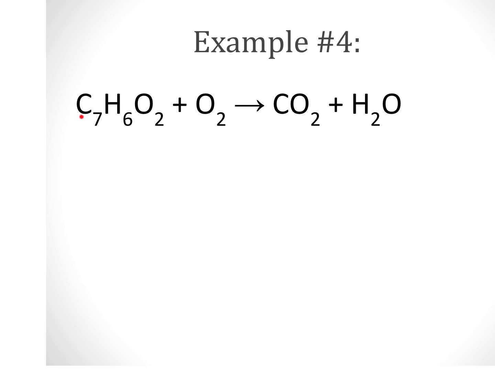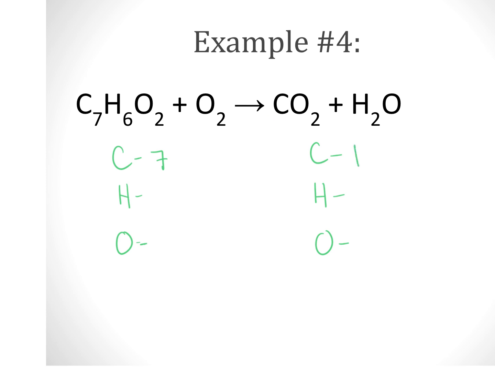So what's the first element you see? Okay, so we have carbon. What's the second element you see? And then what's the third element? Okay, so now we'll count our numbers just like we always have been doing. So how many carbons on the left? 7. How many on the right?